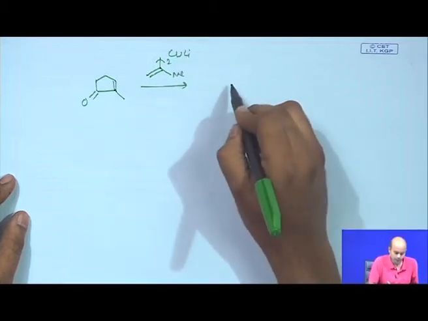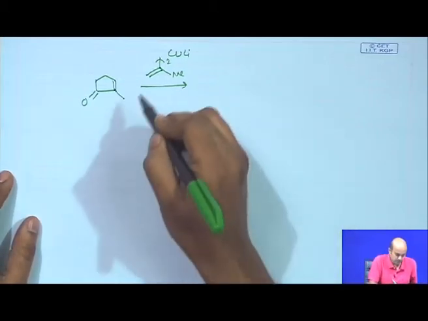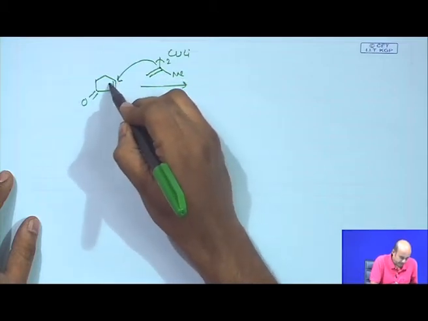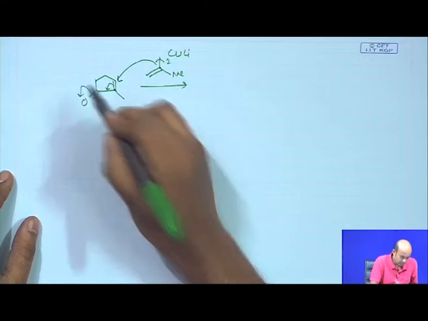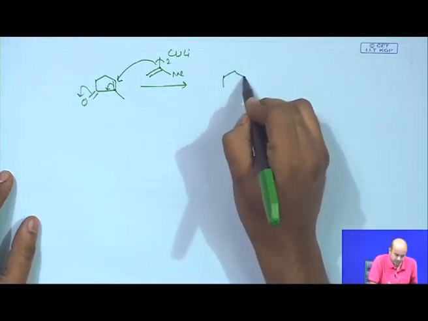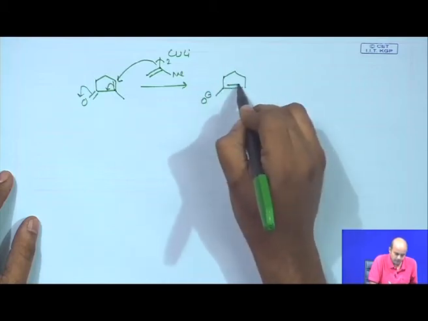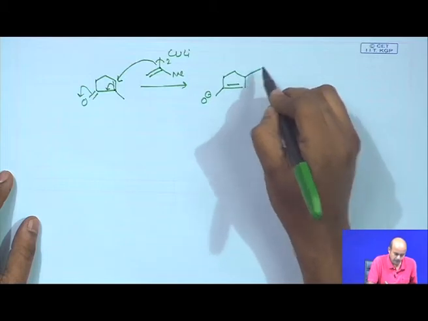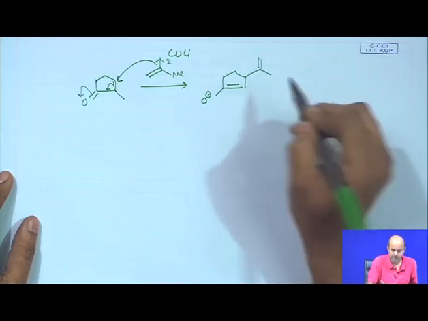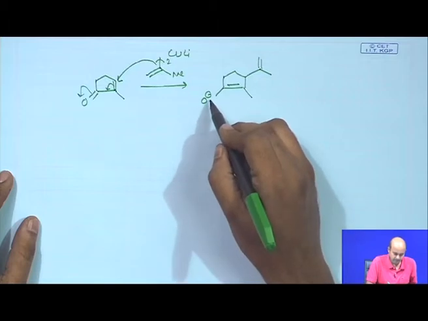Do a 1,4 Gilman addition. This means that the methyl will attack here, and then you have this O minus, and the methyl is here, fine.